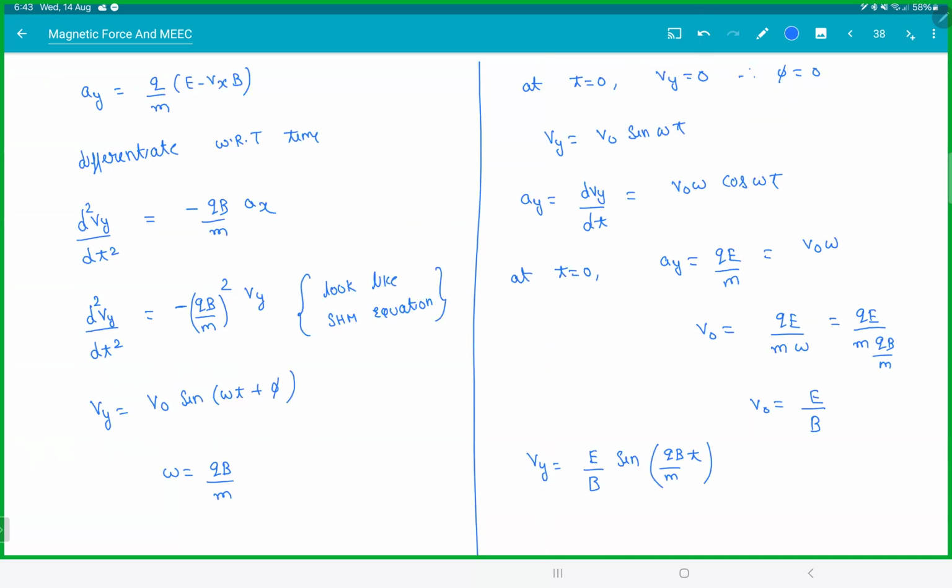Have a look at this page, I'll show you. Clear, everyone?